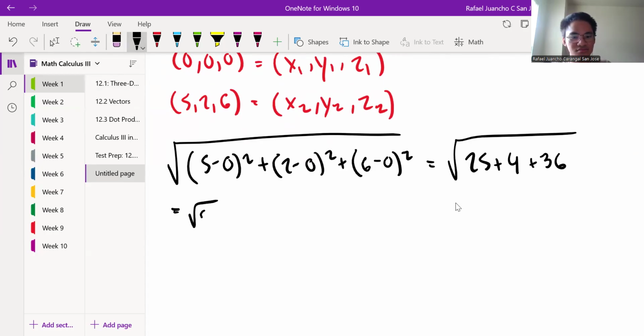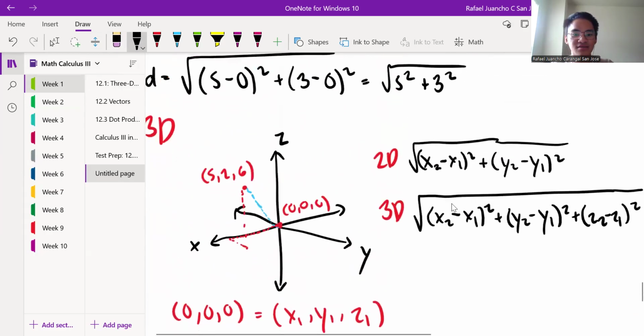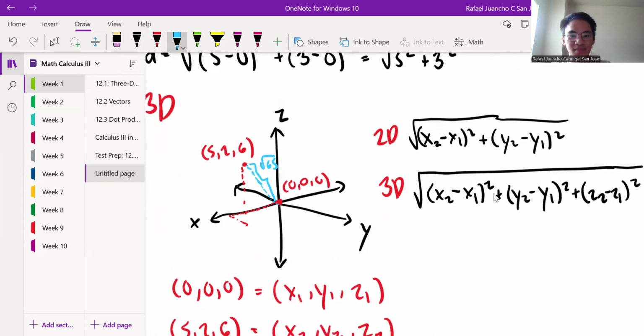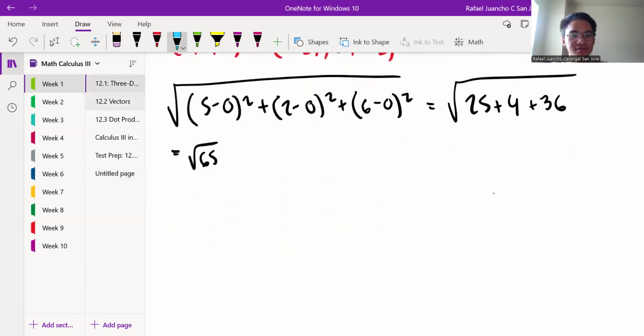You guys can check, but this is the distance. So this line here has a length of square root of 65.